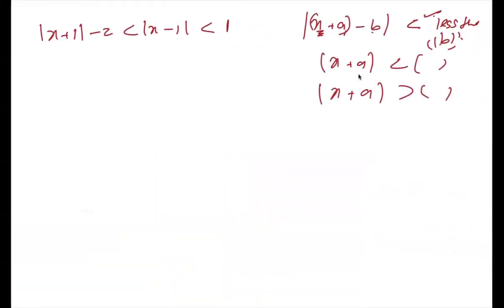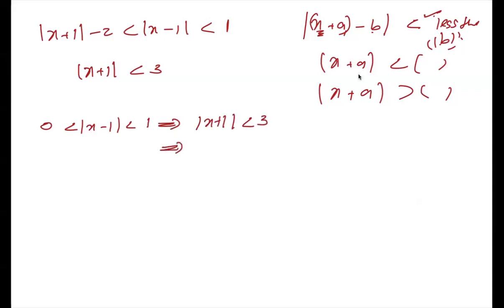Okay, now using this equation, I can get that the absolute value of x plus 1 is less than 3. It means if I take my delta to be 1 as an example, I can get the absolute value of x plus 1 is less than 3.